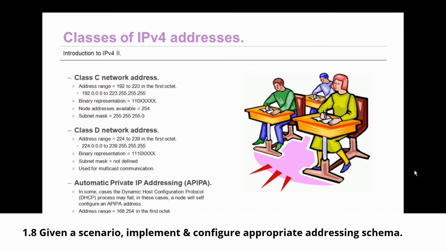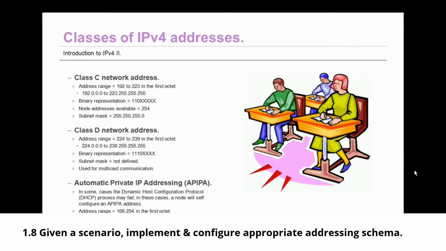Class C network addresses give us a possible 254 host addresses or node addresses. And the subnet mask with a Class C is always 255.255.255.0.